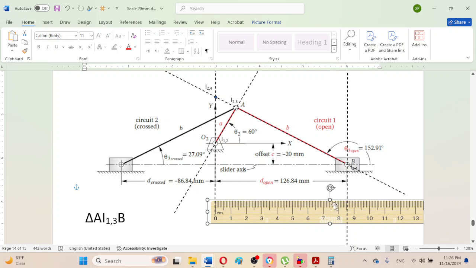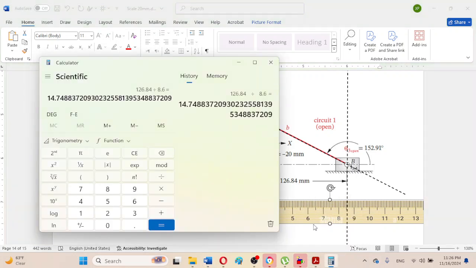So that means this 126.84 will be divided by this 8.6 centimeter. So that means 1 centimeter is equal to 14.748 millimeter, for example.